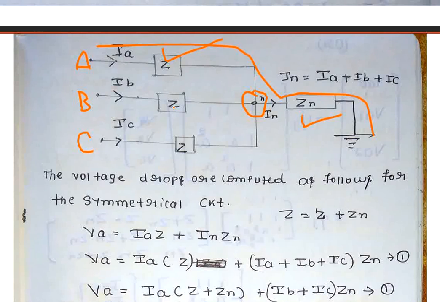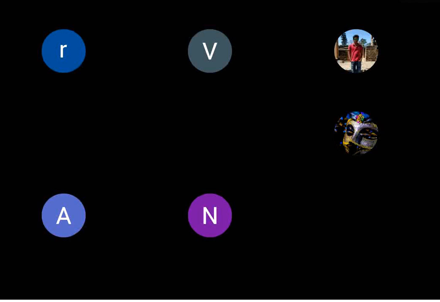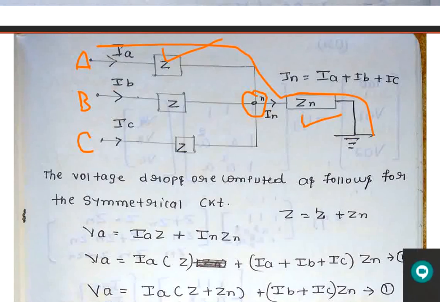What is the voltage drop in phase B? It is IB into Z plus IN into Zn.